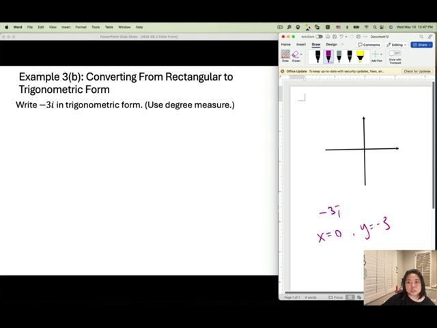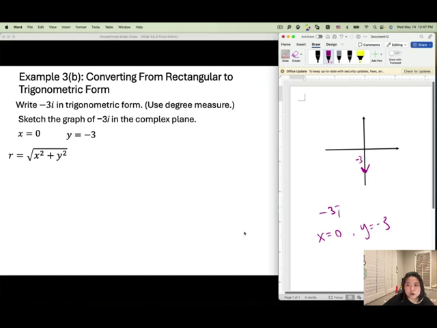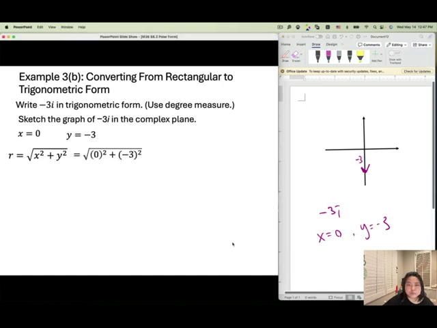Okay, so x equals 0, y equal to negative 3, somewhere like here. Okay, that will be on the y-axis. So first, let's find out the R. You could use the formula, but actually it's straightforward. Here is a negative 3. So R should be equal to 3. Right?